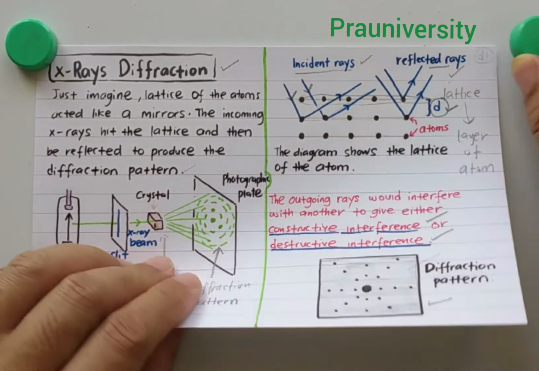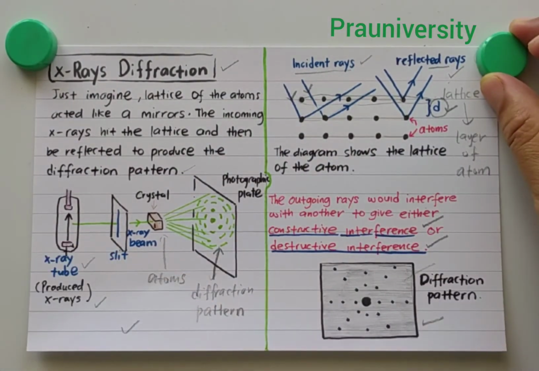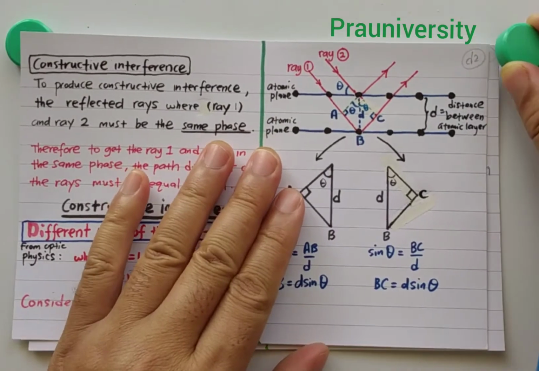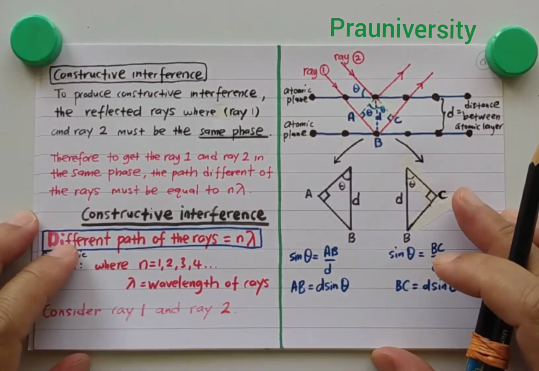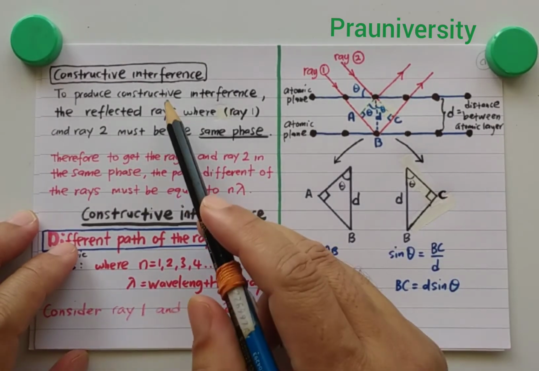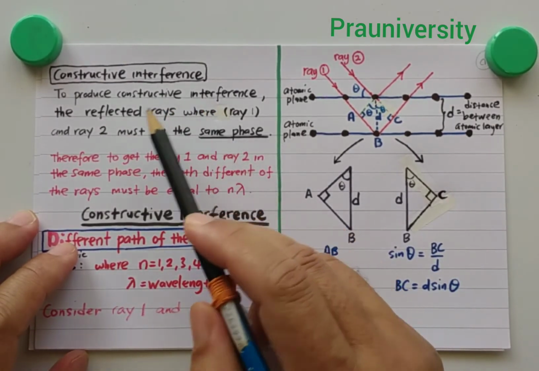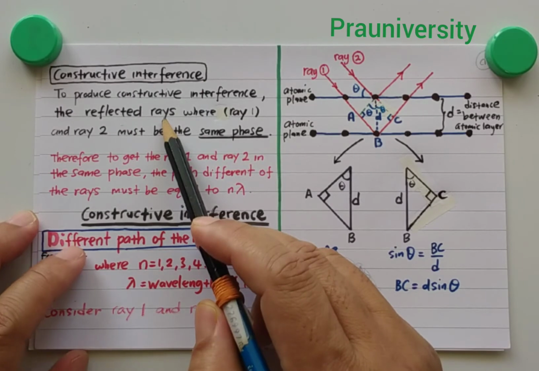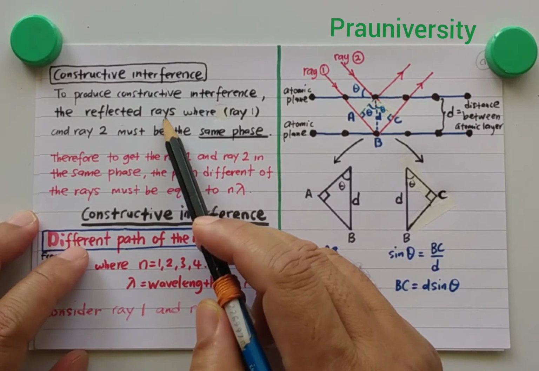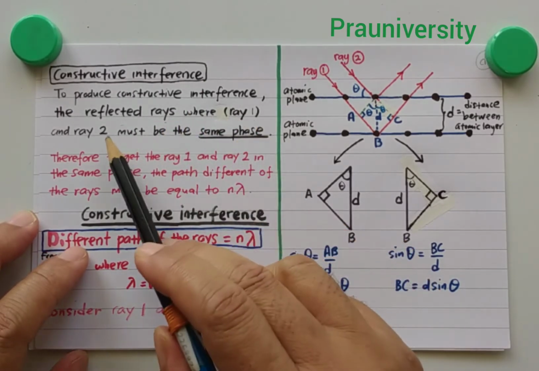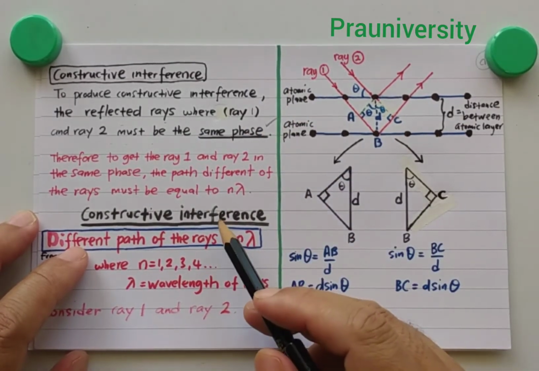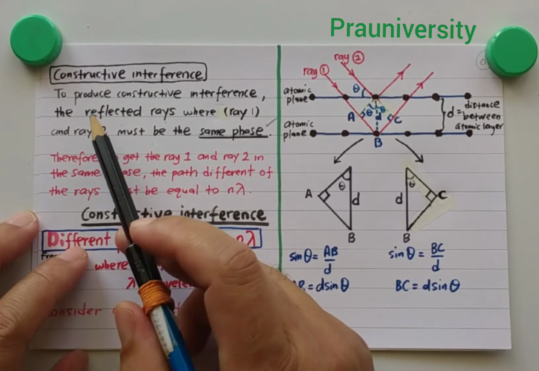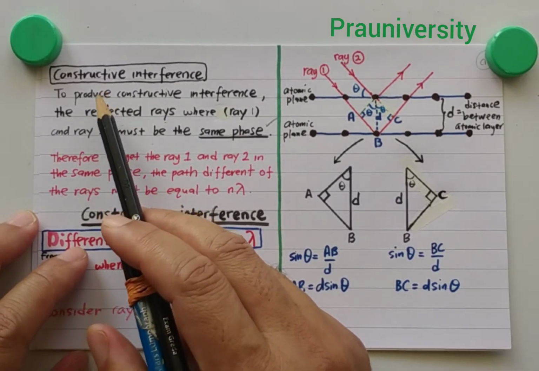Okay, we continue. To produce constructive interference, the reflected rays, ray 1 and ray 2, must be in the same phase.